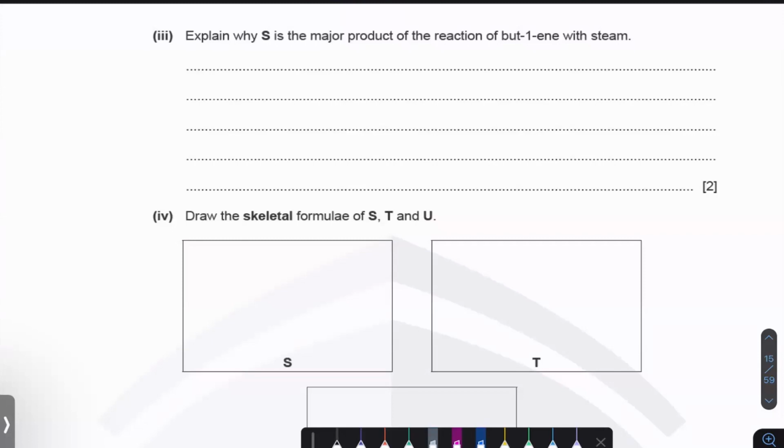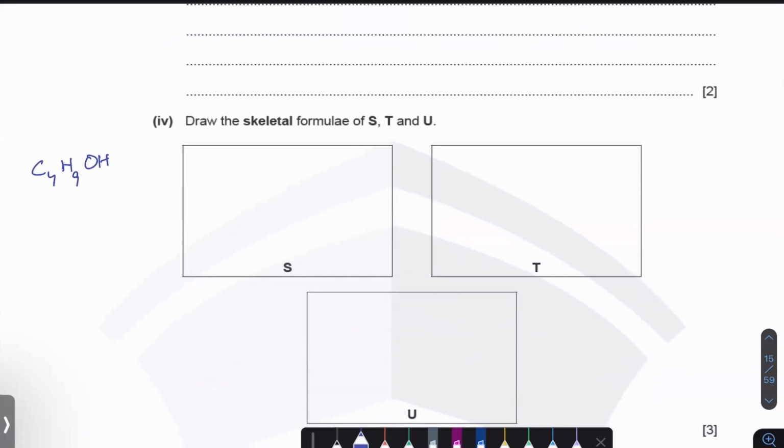I'm going to tell you that the formula of the other compound is C4H9OH. Can you draw two isomers of this? Yeah, it's correct. I'll show you. You have C4H9. So first let's make the skeleton of four carbons: 1, 2, 3, 4.